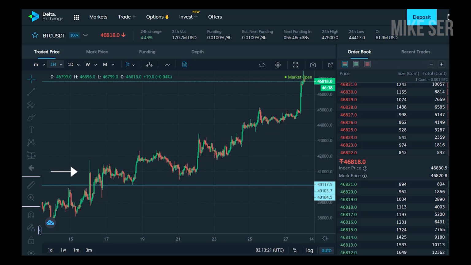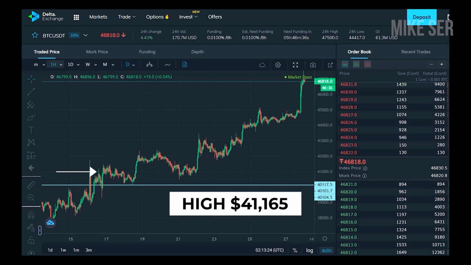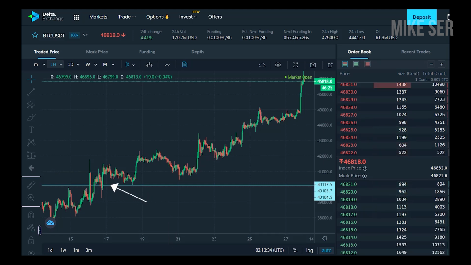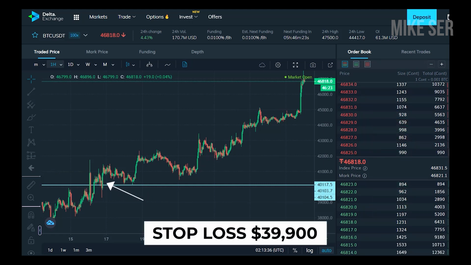The second time that we tried, it went as high as $41,165 before falling back to $39,308. However, the third time that we tried, it never went lower than our stop loss price of $39,900.